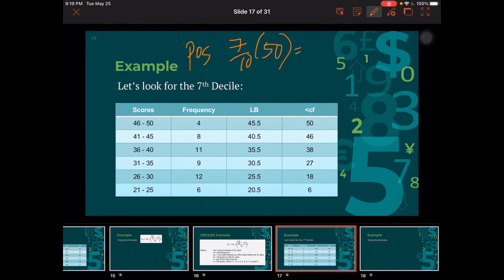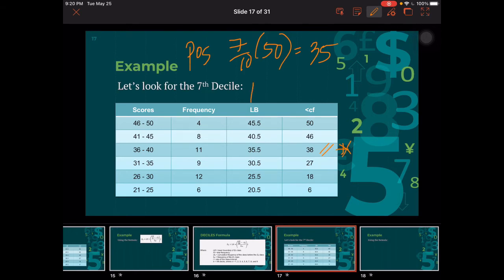That is 35. So, hahanapin ngayon natin yung 35th score. Nasaan kaya siya? It's going to be here. Okay? So, your 7th decile is going to be in this class.